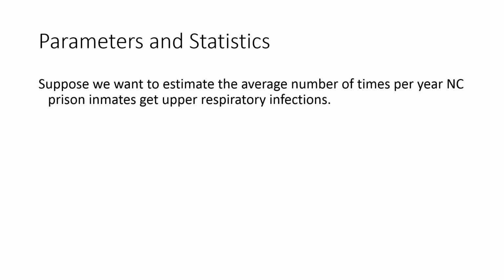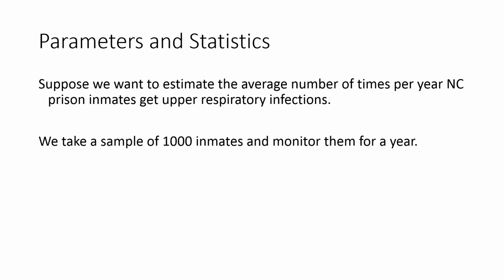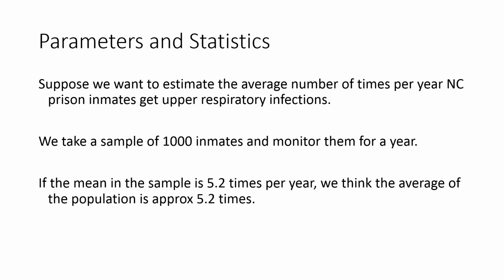So continuing on, let's look at that example we talked about with prison inmates. If we want to estimate the mean number of times per year they get an upper respiratory infection, we might take a sample of 1,000 inmates and keep track of them for a year. Suppose we find that the sample mean is 5.2 upper respiratory infections per year.